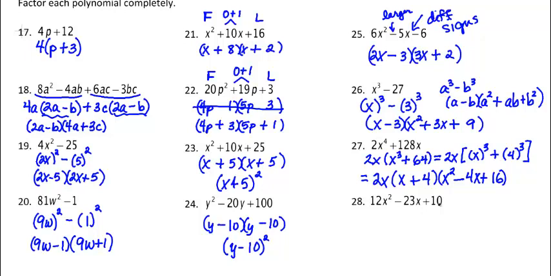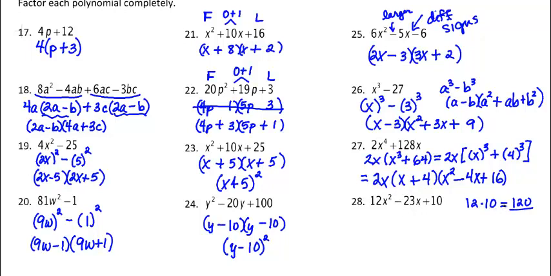But there is a more systematic way to factor it, and that is related to this method. You'd say 12 times 10, it's called the AC method. 12 times 10 is 120. And then we need to find the factors of 120 that will add up to be a negative 23. And so don't worry about the signs yet.